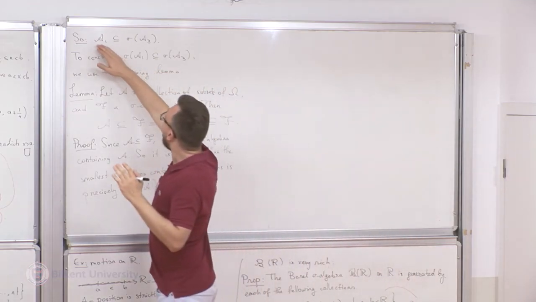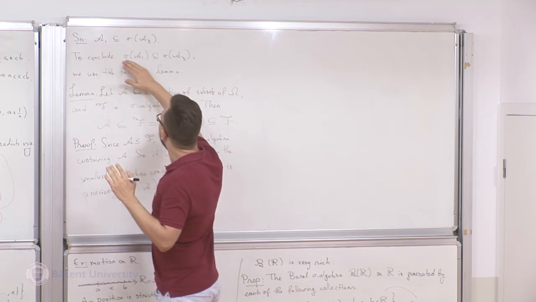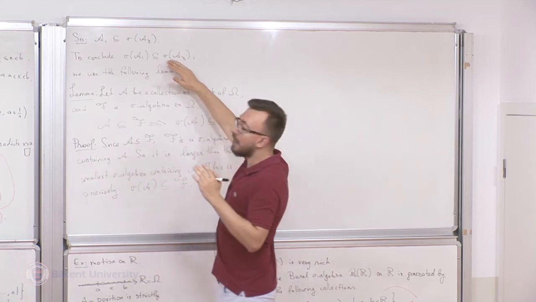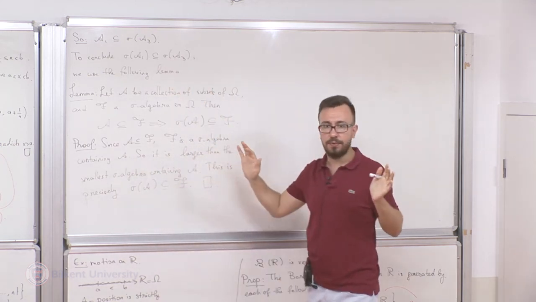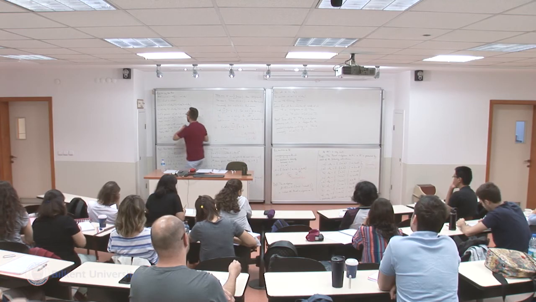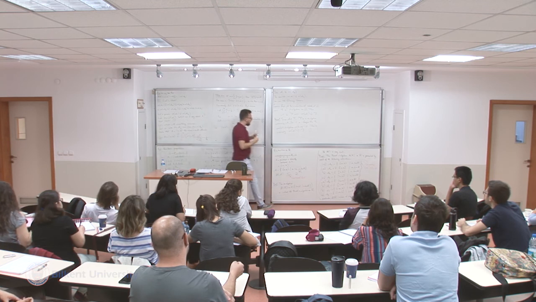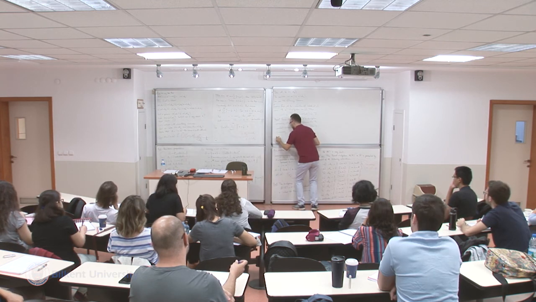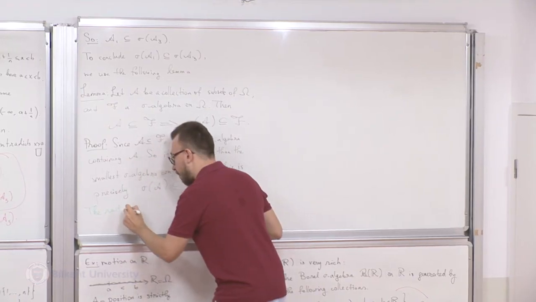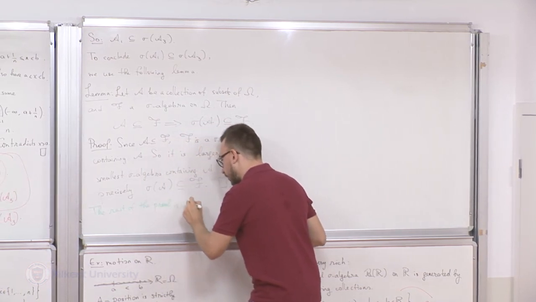If we have A1 is part of sigma A3, we also have sigma A1 is part of sigma A3, and we're done with this proof. Okay? So let me put a check here. And the rest of the proof is homework.